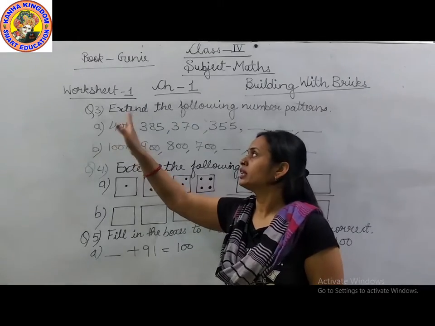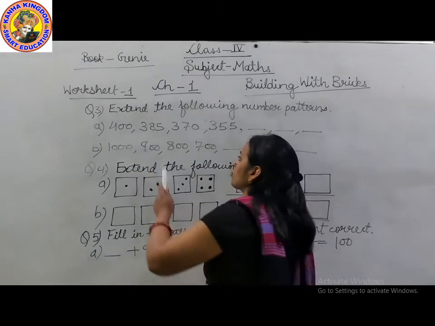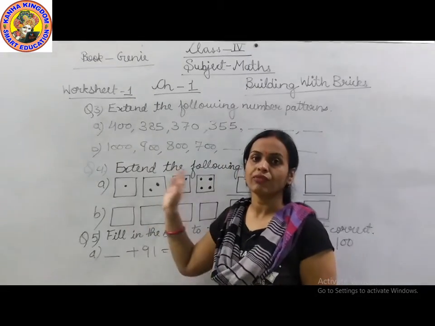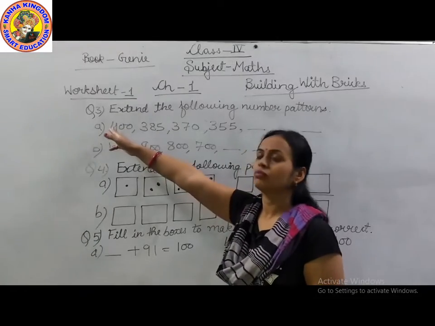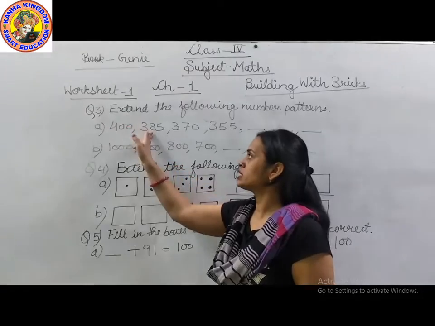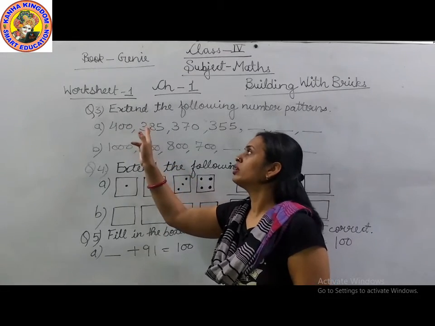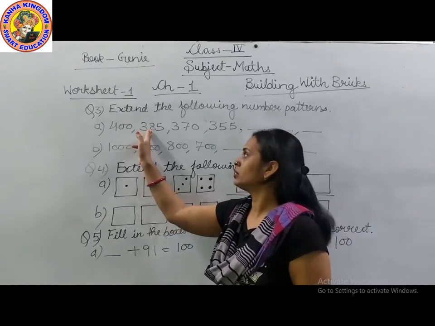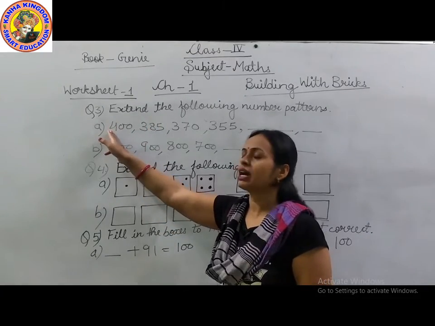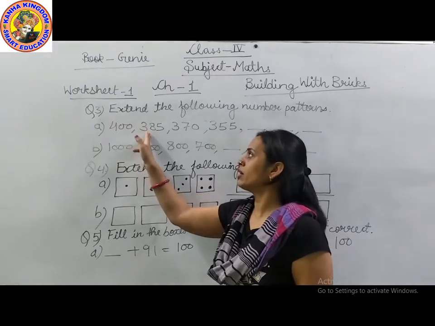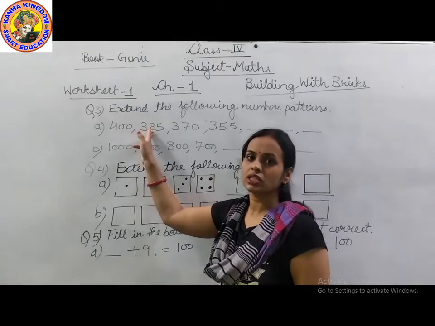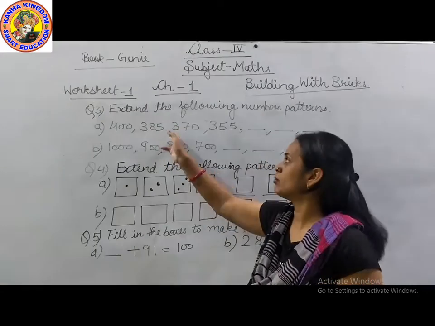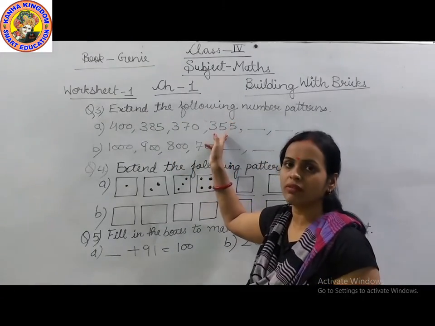Then that means we subtract 15 from 400. So our next digit is 385. Now 400 minus 15 equals 385. 385 minus 15, 370. Then 370 minus 15, 355.